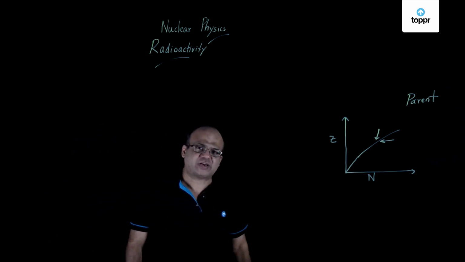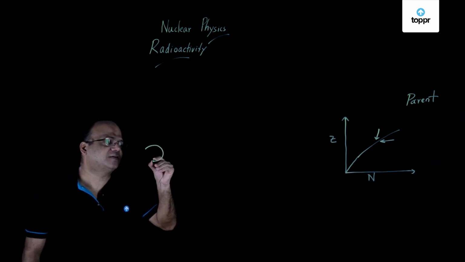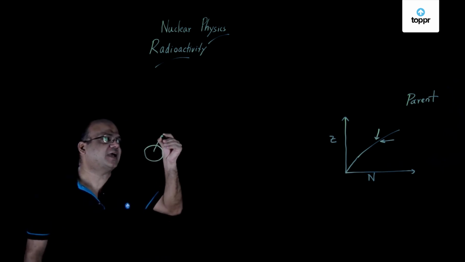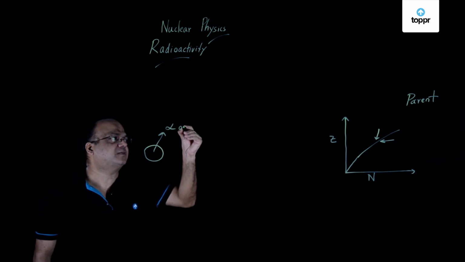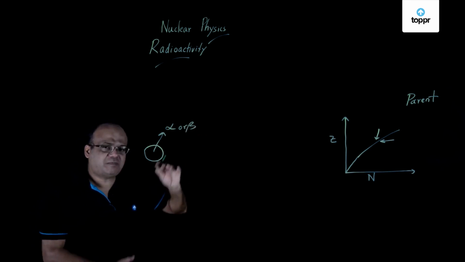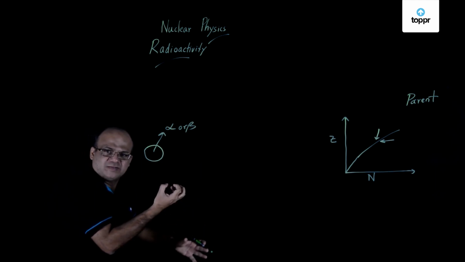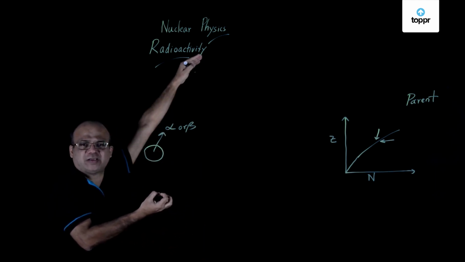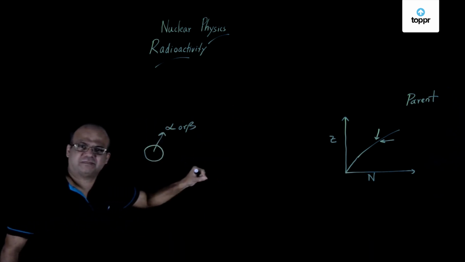Next property of radioactivity. A particular nucleus at one time will either emit an alpha particle or a beta particle, not both together. From one nucleus, you cannot have an alpha particle and a beta particle coming out at the same time.